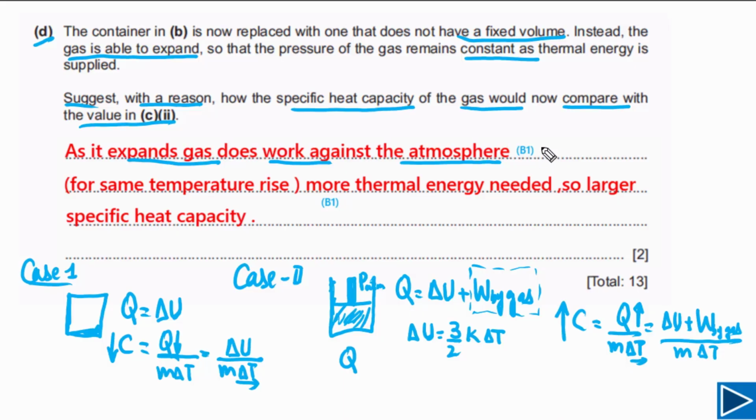So you will get 1 mark. For the same temperature rise, more thermal energy will be required, because for the same rise in temperature you have to give more energy, as the extra energy will be equal to the work done by the gas. So if Q is greater, it means C is greater, as you can see here. So larger specific heat capacity. So you will get the second mark.